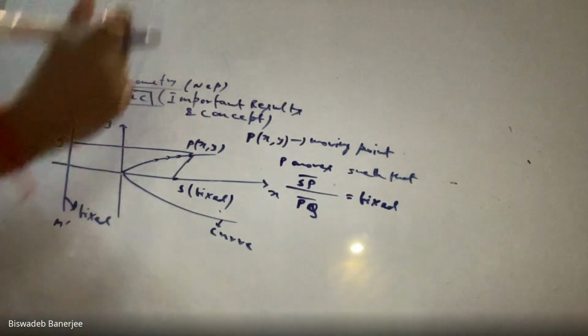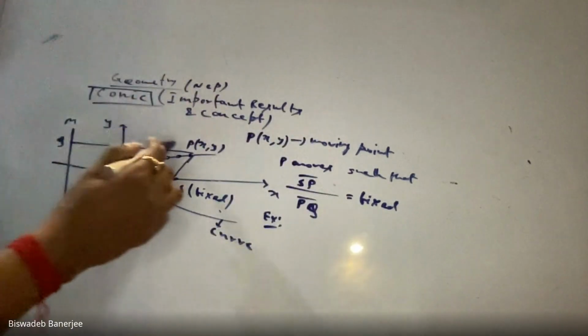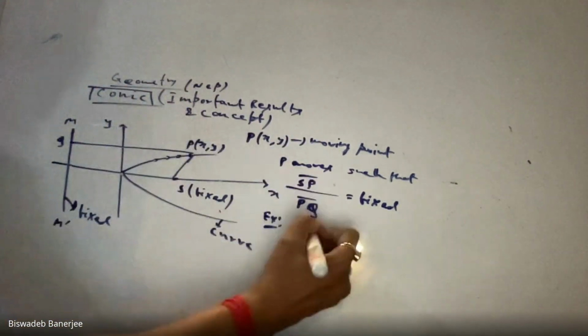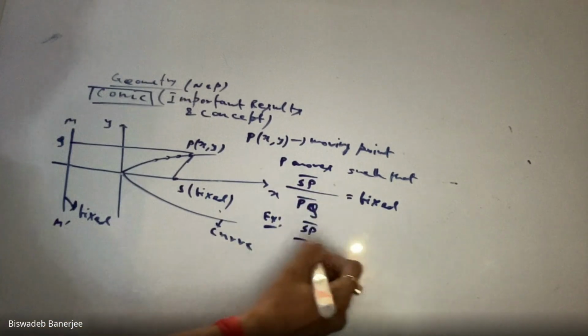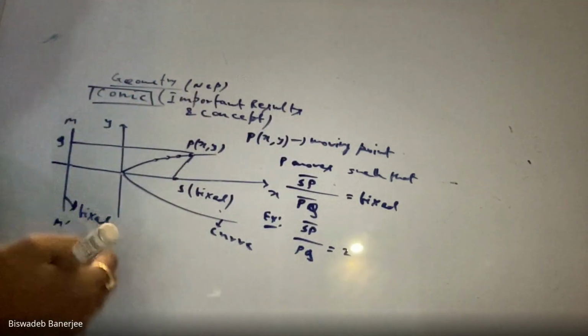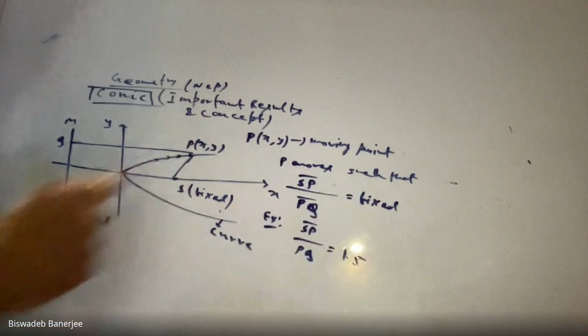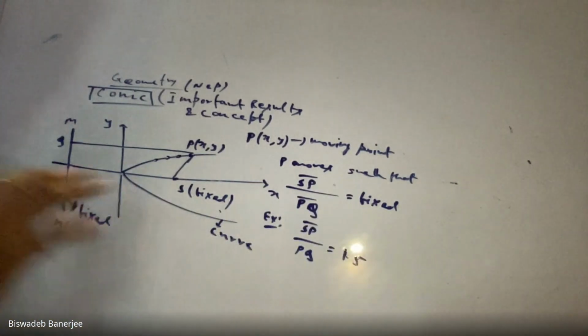For example, suppose that the point P moves such that SP by PQ is always some 2, or say some 1.5, anything, any number.